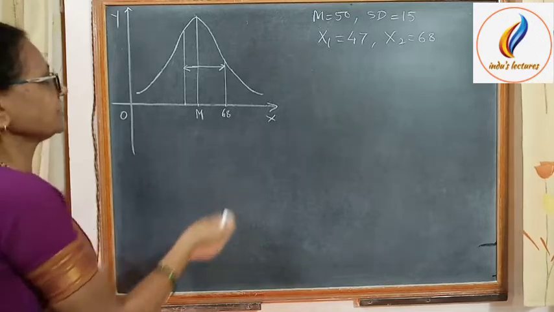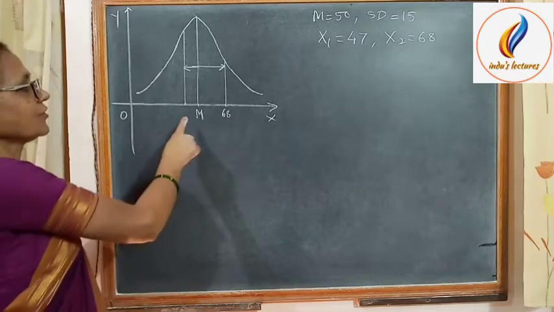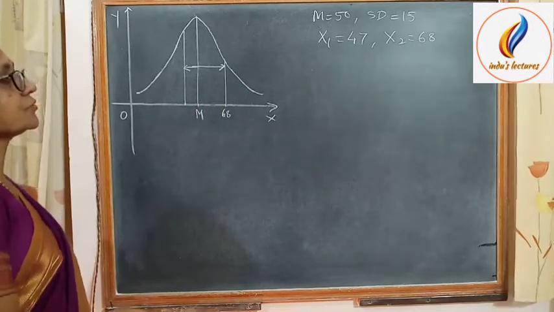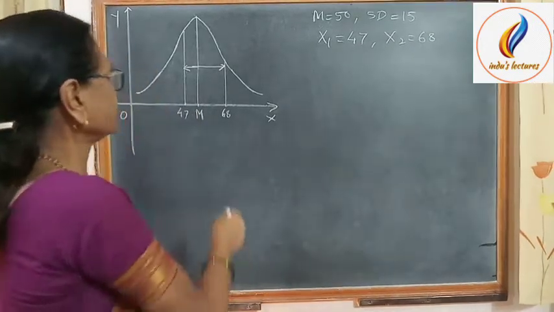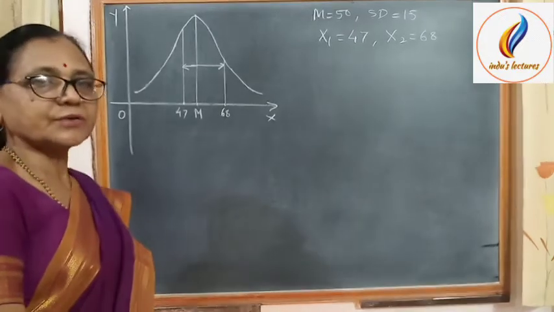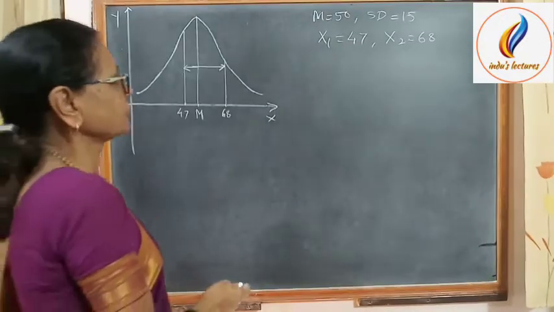So firstly we find the sigma score for the score 47. That means the given raw scores should be converted into sigma score or z score.